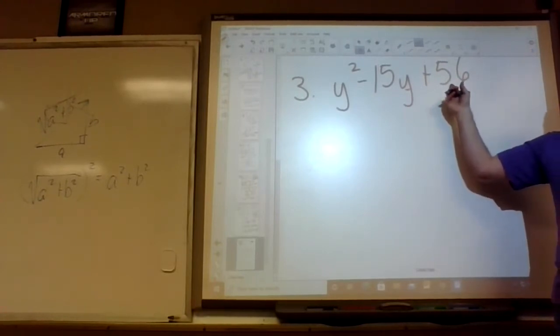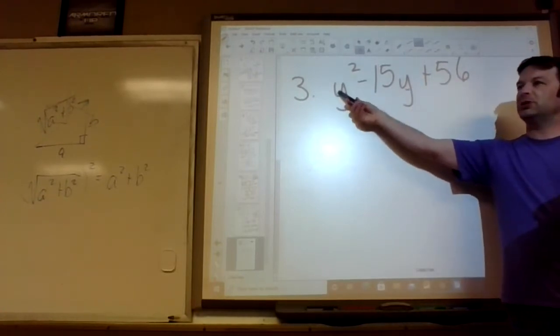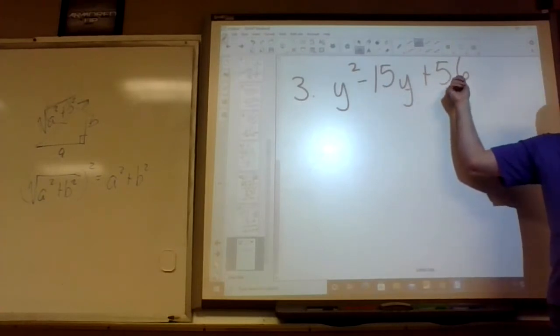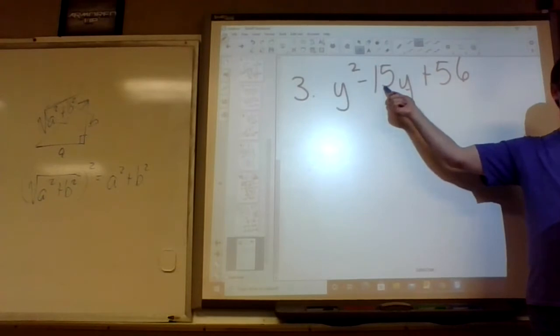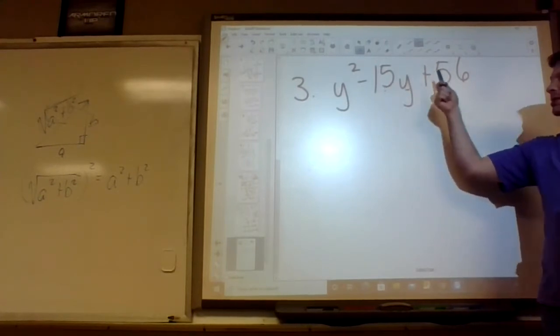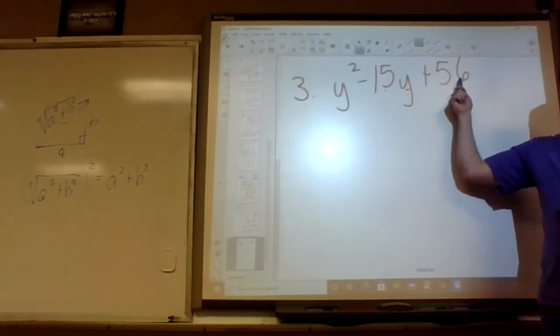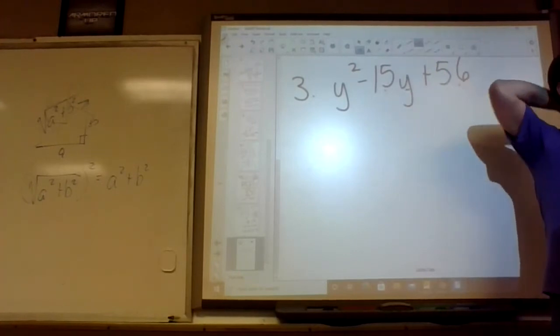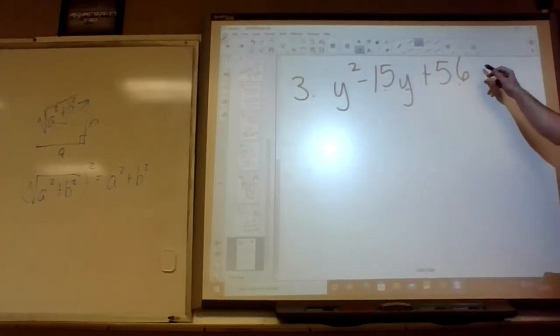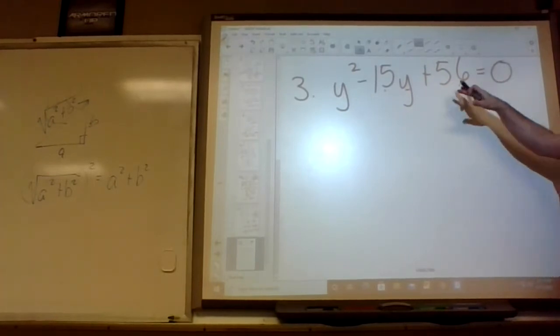The question we always ask is, what multiplies into 56 and adds up to negative 15? We did this a little bit in chapter 12, the chapter we just were doing last week, where it looked like an equation. You guys remember that?